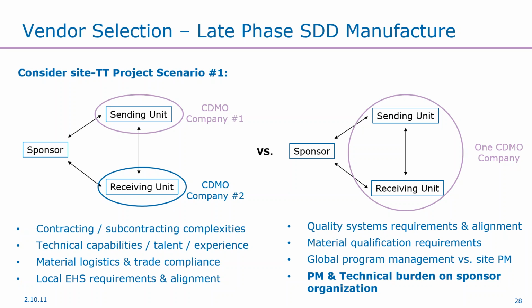So this can get to topics like requirements for containment and different occupational health implications, quality system requirements and alignment between the organizations. Again, material qualification requirements, so materials can flow between the different sites. Again, global program management versus site project management.